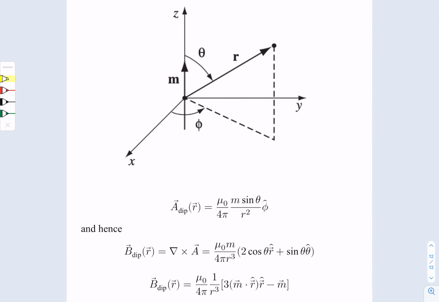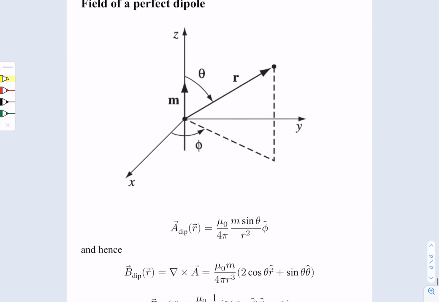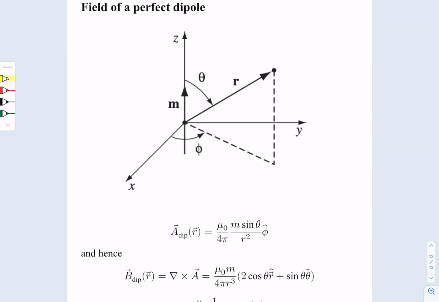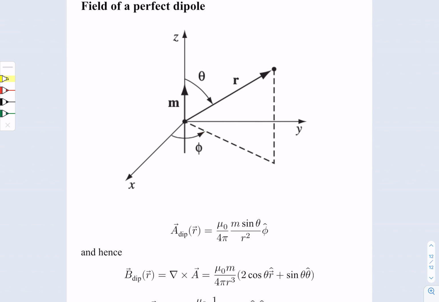It's easy if you align the dipole along the z-axis, and then you can define theta as the angle between your coordinate and the magnetic dipole direction m, and you can also define phi accordingly.